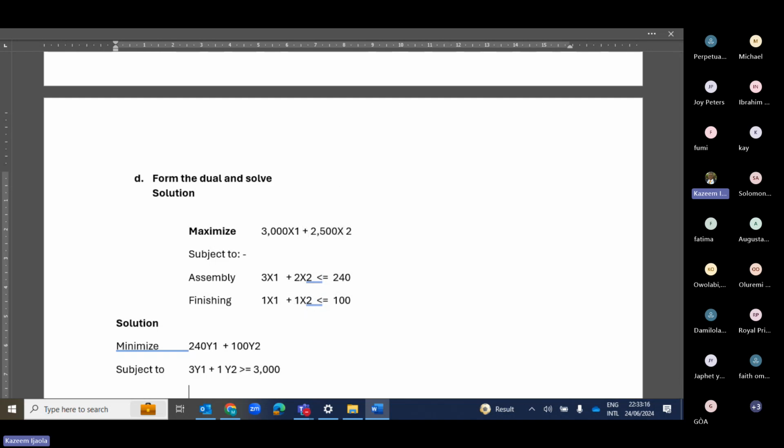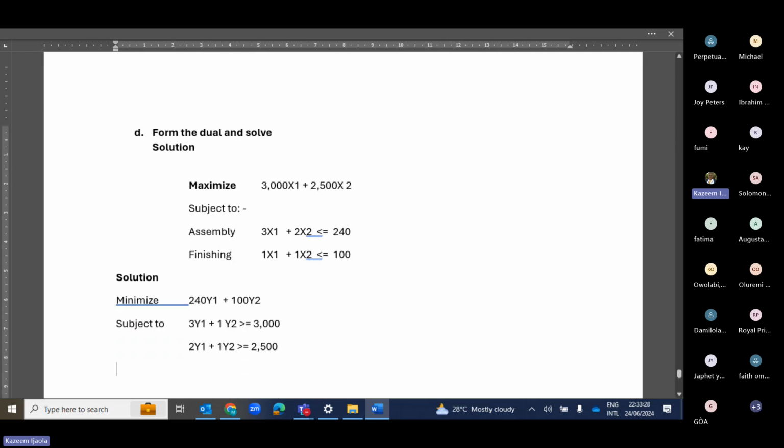That is the meaning of form the dual. Then you have your y1, y2, non-negativity, which means greater or equal to 0.